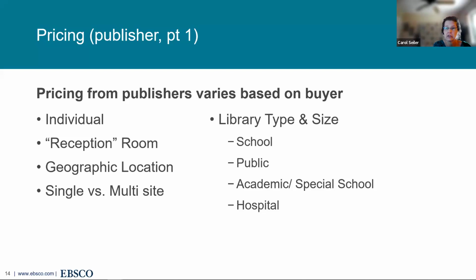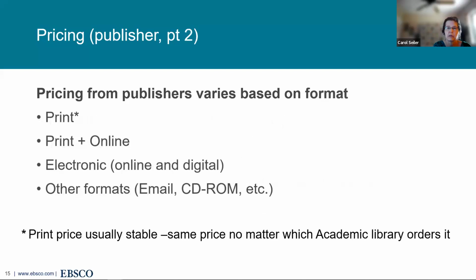They also look at things like geographic location, meaning, is it US based? Is it Mexico? Is it Asia? Is it Taiwan? The pricing can be different. Single versus multi-site, and that has to do with electronic. And we'll talk more about that. So another thing we look at with publisher pricing, it's based on format. Print is usually stable.